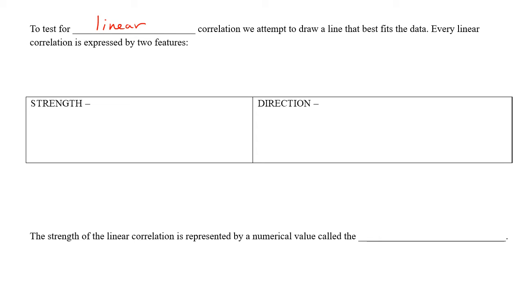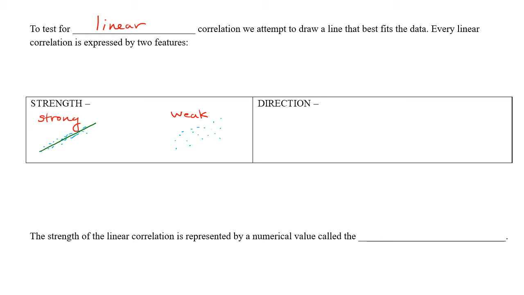So the strength, in other words, is it strong versus is it weak? So strong means that the data we expect to see kind of fits very closely with a straight line. Versus weak, maybe it's a little bit more scattered, but doesn't quite match up exactly with a straight line. But the closer the data is to a straight line relationship, the stronger the correlation.